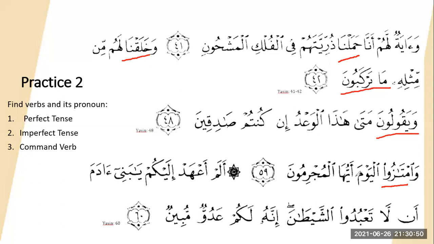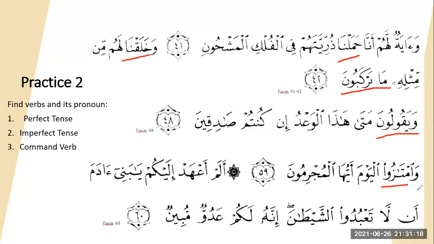It ends with a wow and alif because it's plural. Which person? Second person, because you can only command the second person. You cannot command the third person.